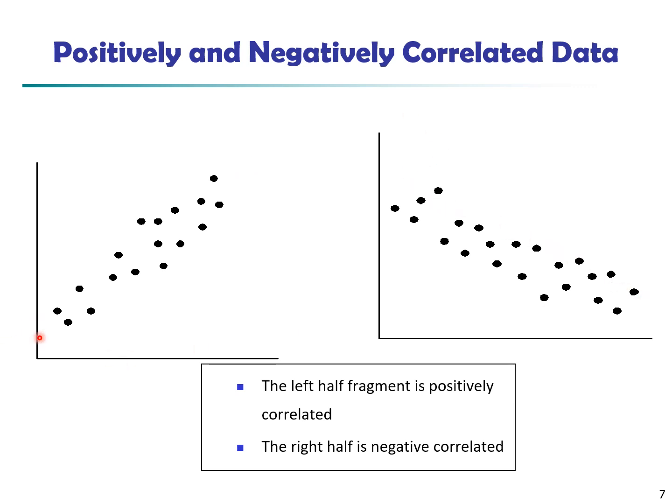Since the data here is increasing, we're saying that this is a positive correlation. The more this attribute is increasing, the more this value is also increasing. Now here, since the values are going down, we say that it is a negative correlation. The more the values are increasing here, the more they are decreasing here.